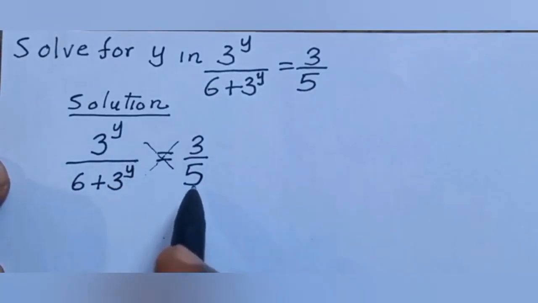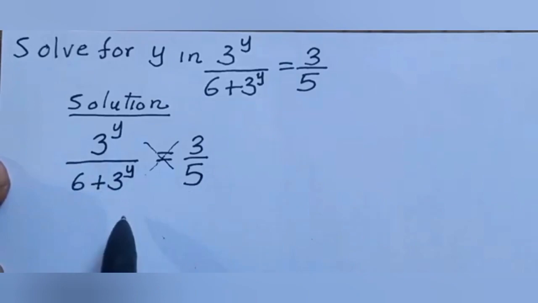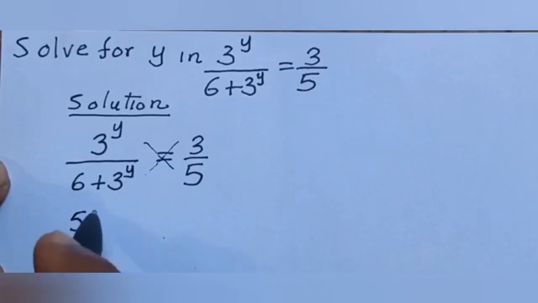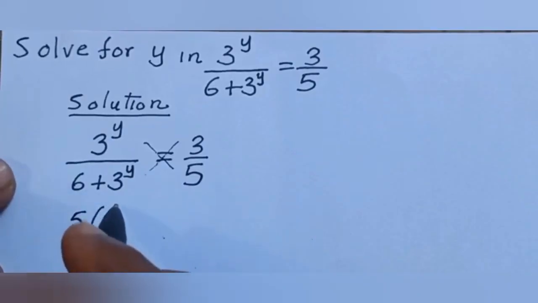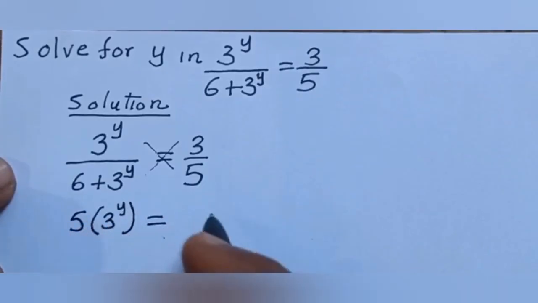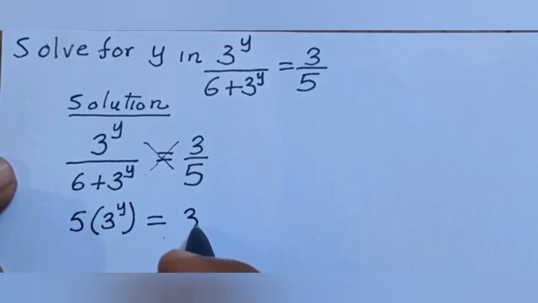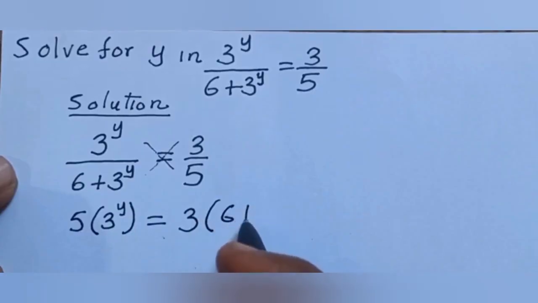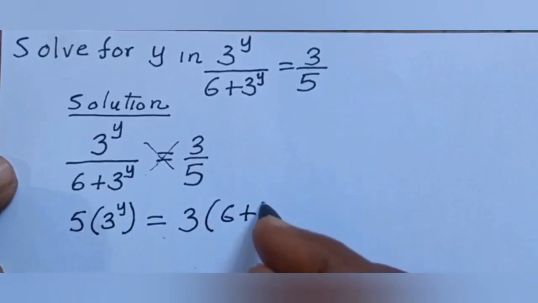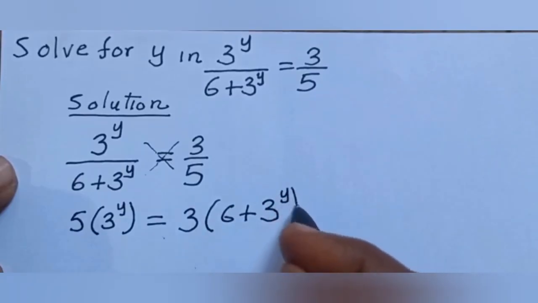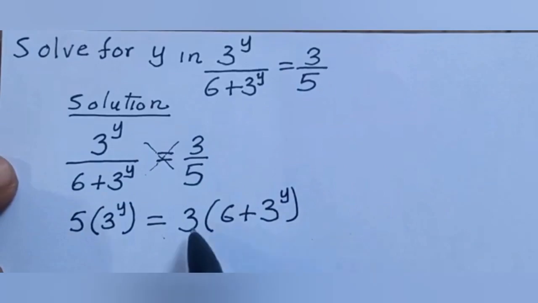So in so doing, we have 5 times 3 raised to power y, 5 in the bracket 3 raised to power y, equals 3 in the bracket 6 plus 3 raised to power y. Open the bracket.